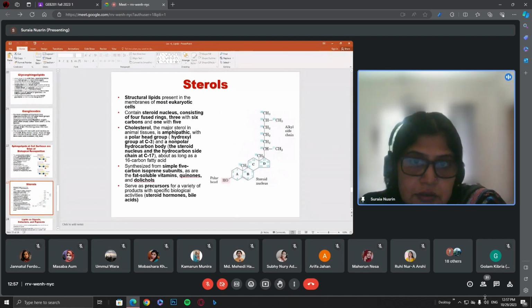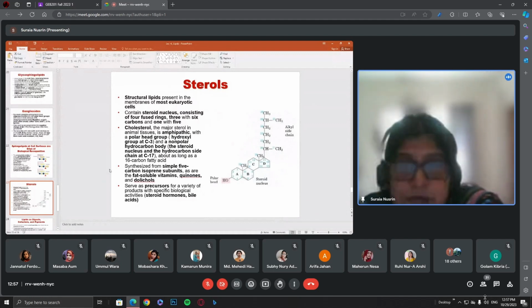So cholesterol, we need cholesterol because many important biological functions are done by cholesterol, such as cholesterol is needed to synthesize steroid hormones and also to synthesize bile acids.